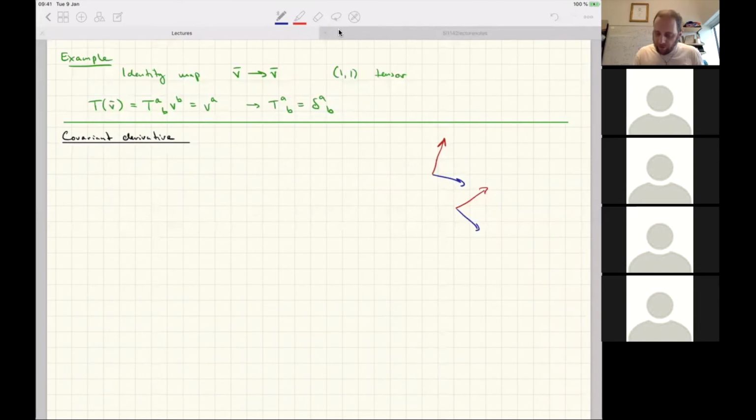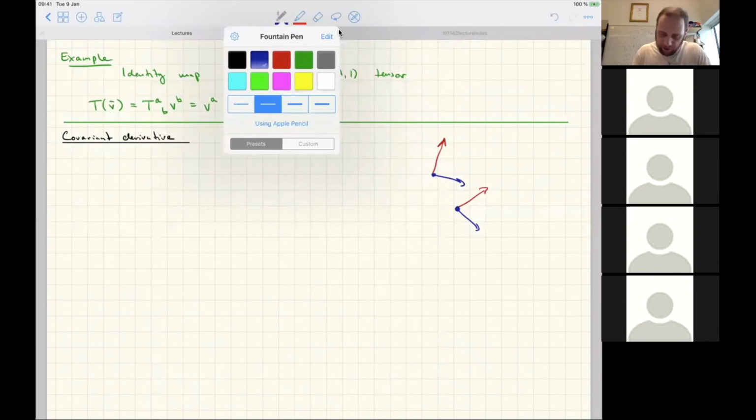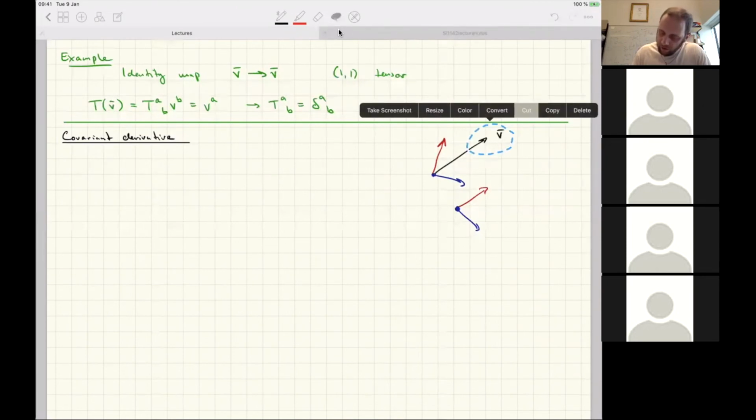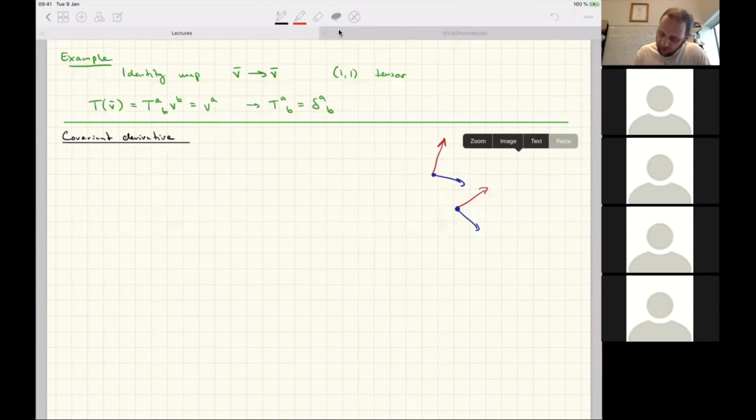So I have 2 points, and I move between those points, and I have a vector that I want to describe using this basis. We can call this vector V. Well, that it is parallel to the red vector is just a coincidence.